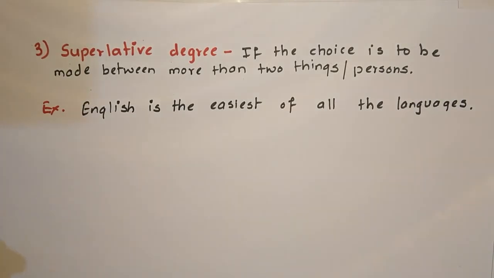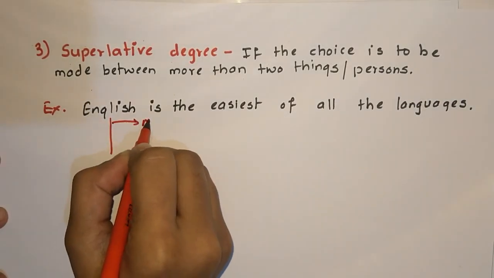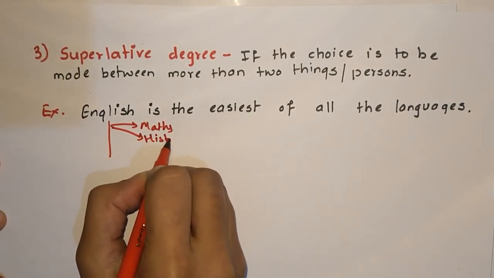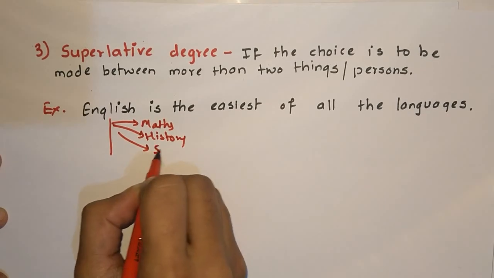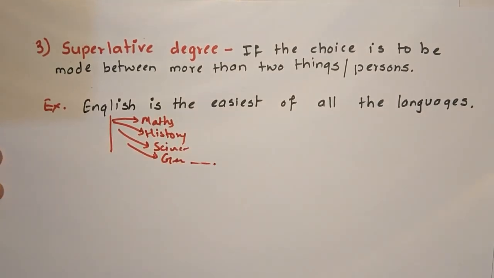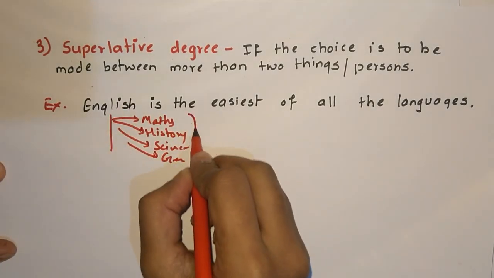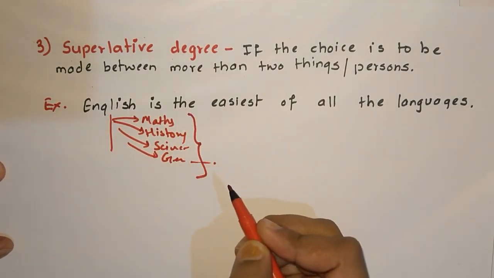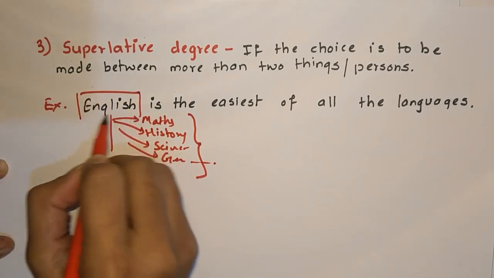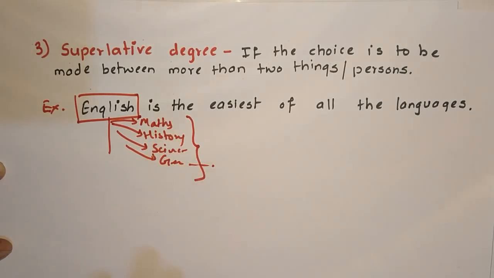Here I am comparing English with maths, history, science, geography, etc. Here I am comparing English with all the other subjects. It means I am making a choice of English between more than two things or subjects.